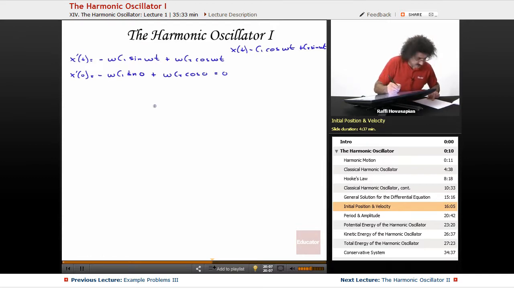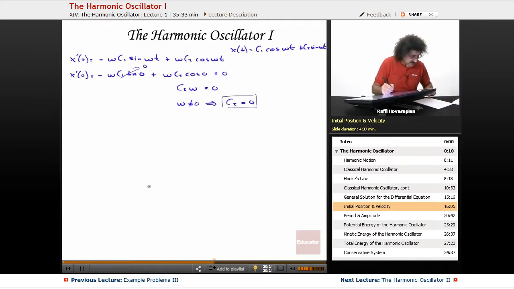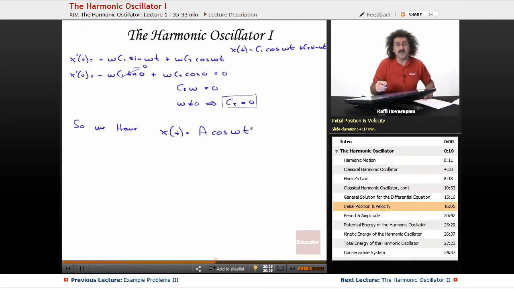And we said that that actually equals 0. Well, this is 0. This becomes c2 omega equals 0. Well, omega is not equal to 0, which means that c2 equals 0. So now we found c2. So x of t is actually equal to A times the cosine of omega t. We found a specific solution under the circumstance of me pulling it and letting it go.